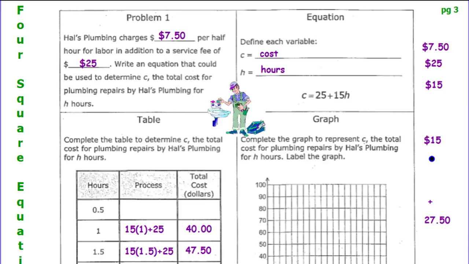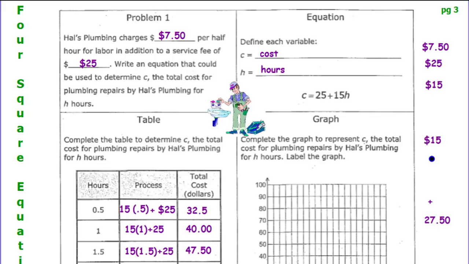And then we said for 2 hours it would be $15 times the 2 hours plus 25, which would be $55. And let's fill out the first one, which was half an hour. If he works half an hour, it's still $15, but it's only half an hour, plus the 25. So it's going to be less than $40, so about $32.50.